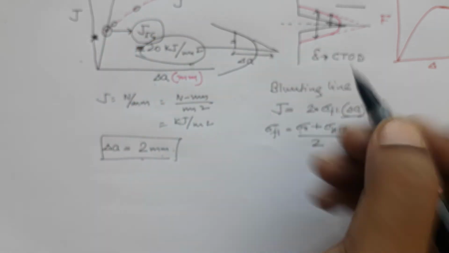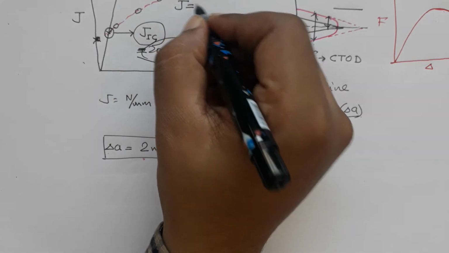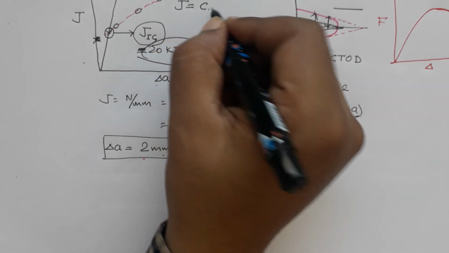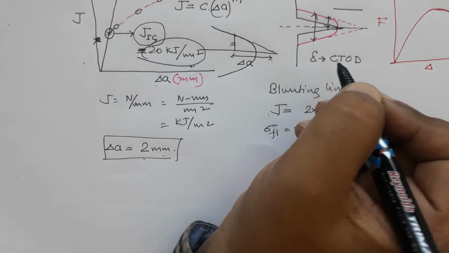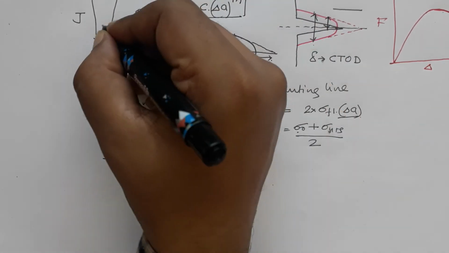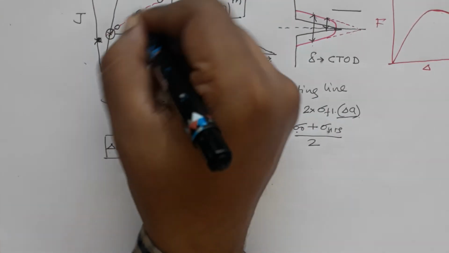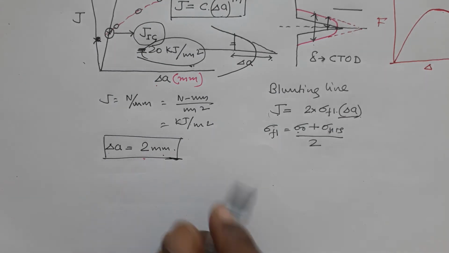So, this equation can have a parabolic form, right. So, J is equal to some constant into delta A. It can be a power of it also, which may look like this, right. So, you will need this information. So, you will need not only this point but that point also in order to find out how much energy is consumed for a crack extension of some significant amount, 2 mm, 4 mm, whatever.